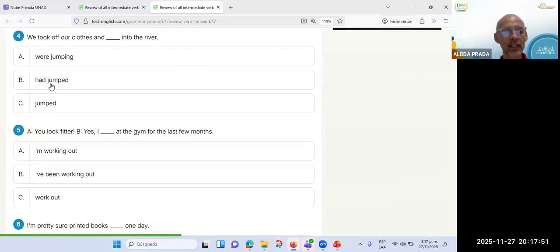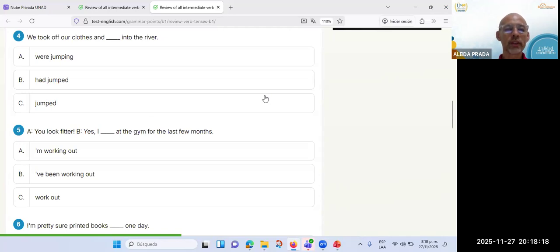Had jumped, past perfect. And were jumping is past progressive. Nosotros estuvimos saltando, o estábamos saltando. And C, jumped, is the most simple, saltó o saltamos.